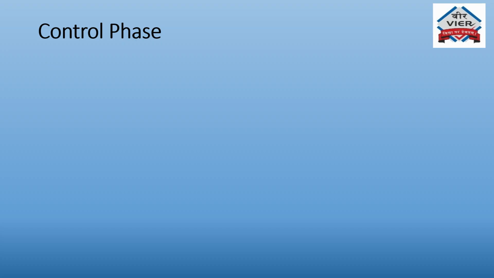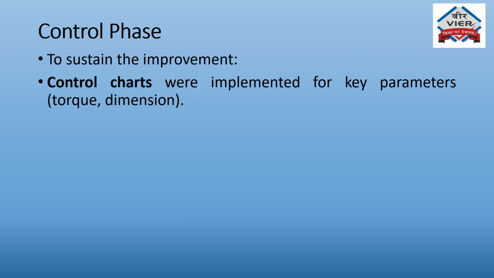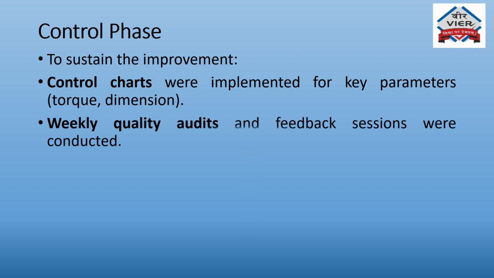Once the corrections have been implemented and we have achieved the results, the last and most important phase is the control phase, which means how to sustain these results. For that, control charts were implemented for key parameters like torque and dimension. Weekly quality audits and feedback sessions were also conducted.